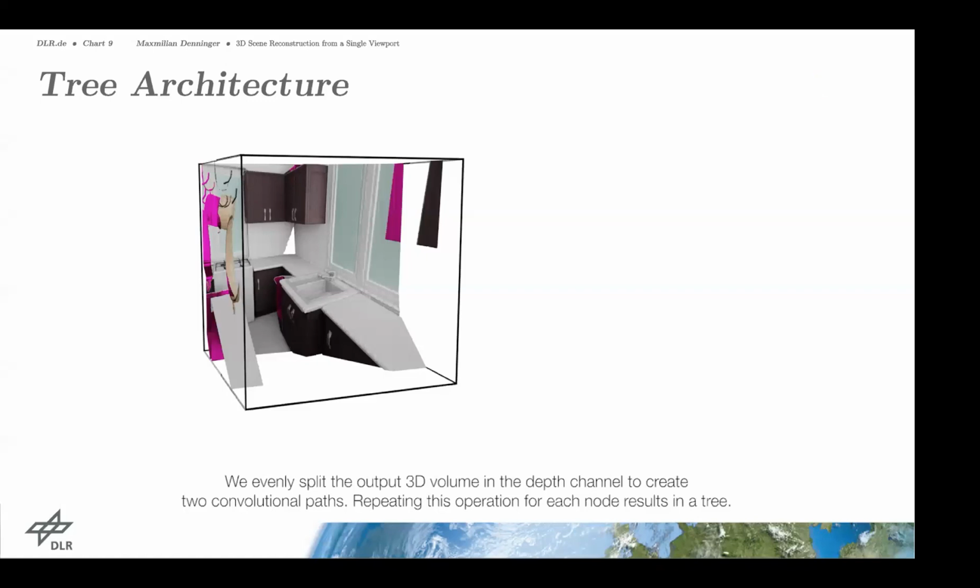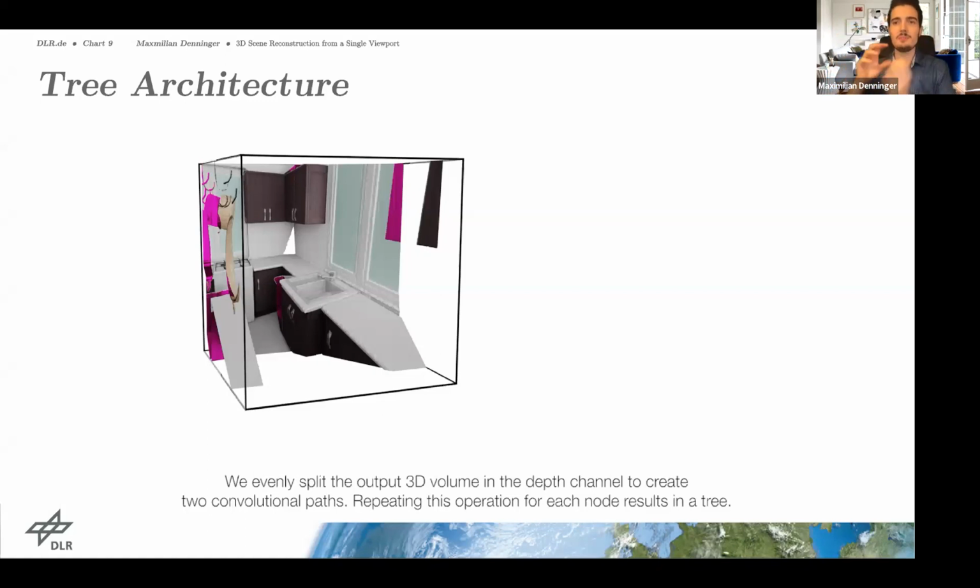Exactly. So my question was, if the depth sensor is negated from the equation and we want to project a 2D image into a 3D space, then where does TSDF come into the picture? So we have in the beginning our color image, and we have in the end as output our TSDF volume.